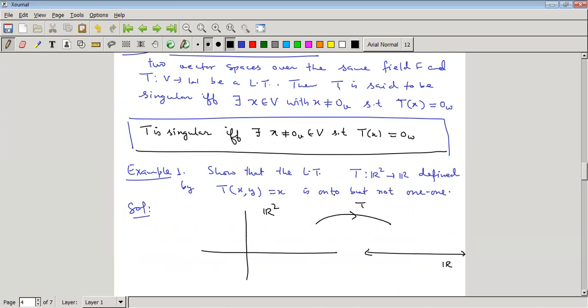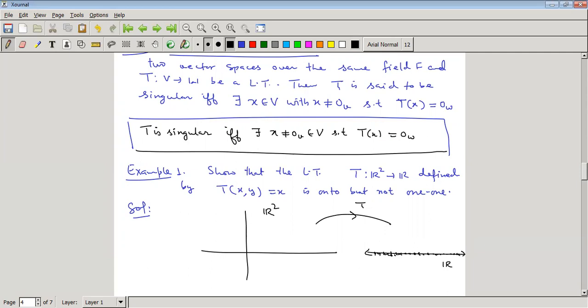So it is onto means that if we pick any element from R, there exists an element in R2 such that T of x comma y is equal to x, right?